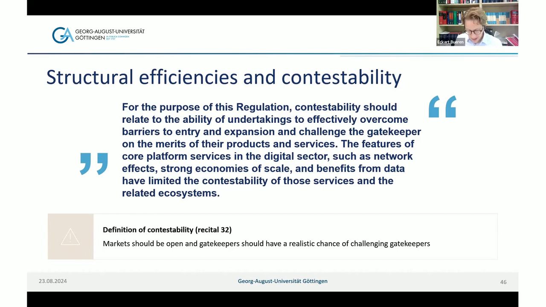And of course, insofar as the gatekeeper's products or services lead to superior efficiencies to the benefit of business users and end users, these ought not to impede competition on the merits and might therefore not impinge on contestability. So we want to draw a brief comparative line to German merger control.